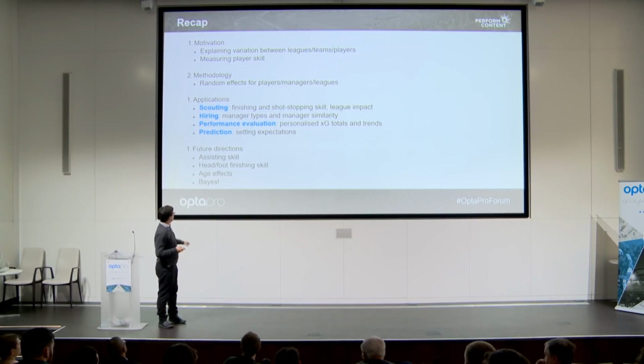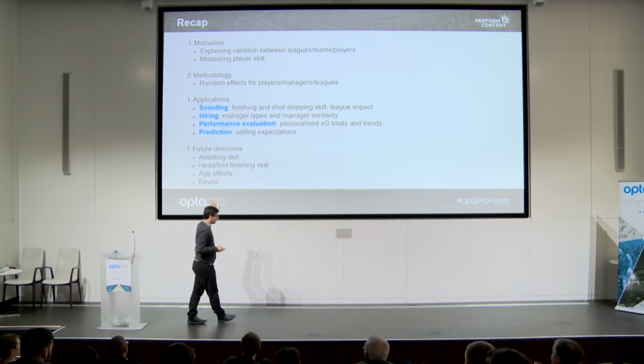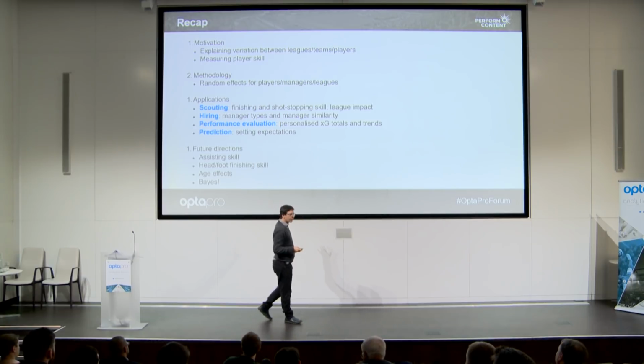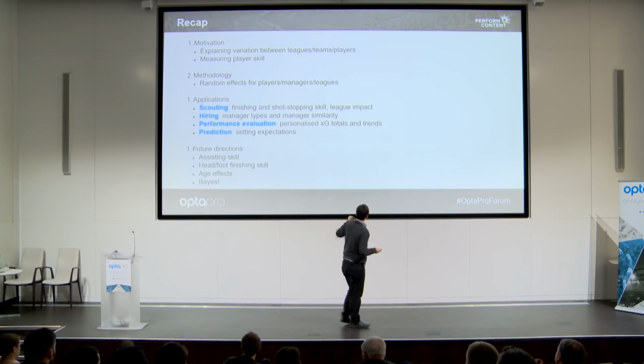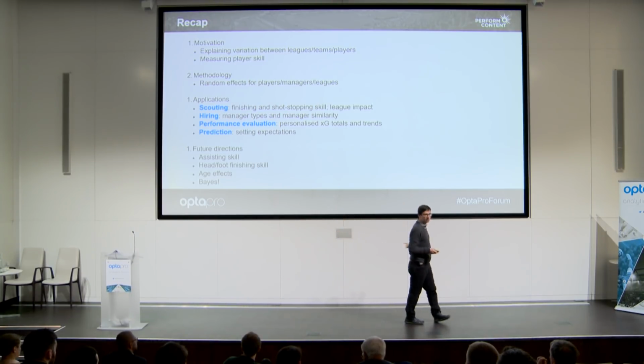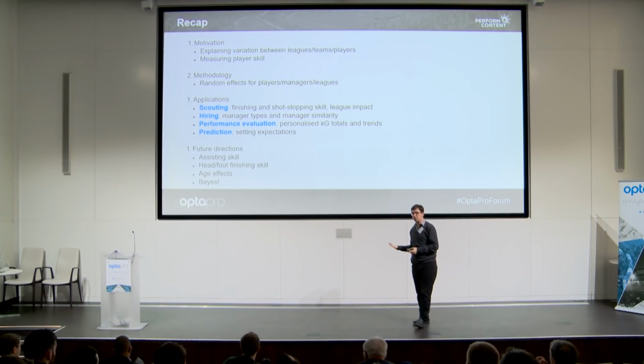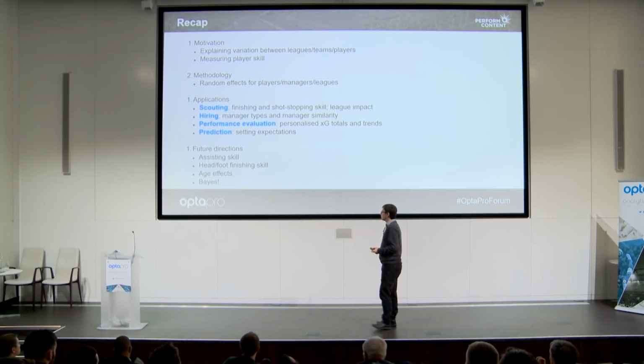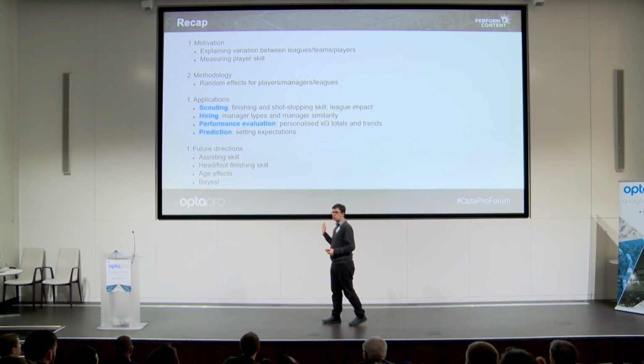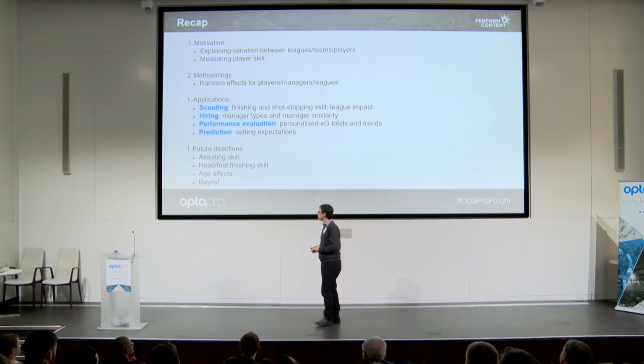Now, this kind of random effect setup is very extensible. You could throw in the assisting players. You could split the skill into a head and foot skill, so this can all be done. Ben Torvaney showed us in the first talk that age is super important. This model doesn't have age in it, so you could add an age curve in it.